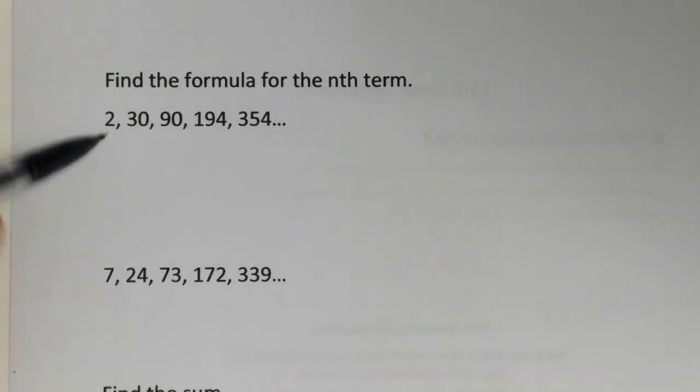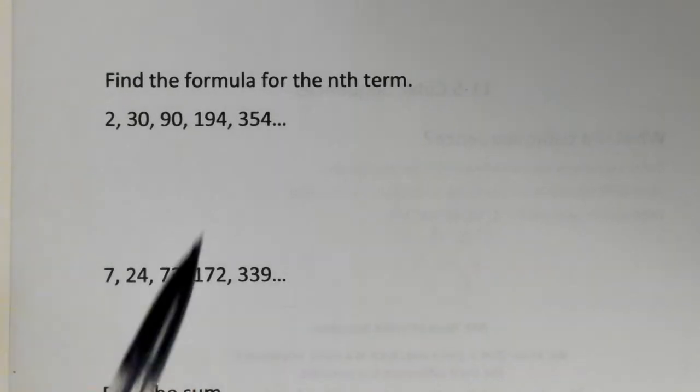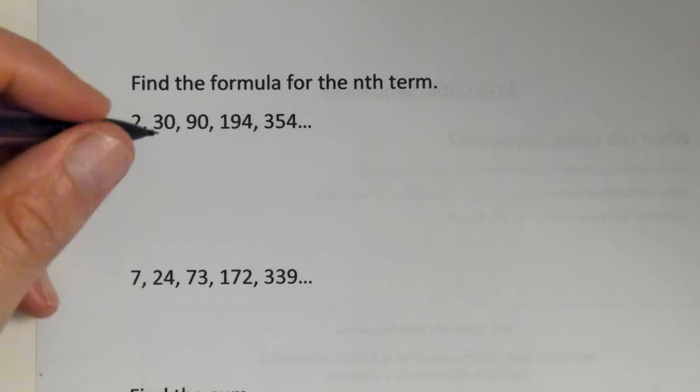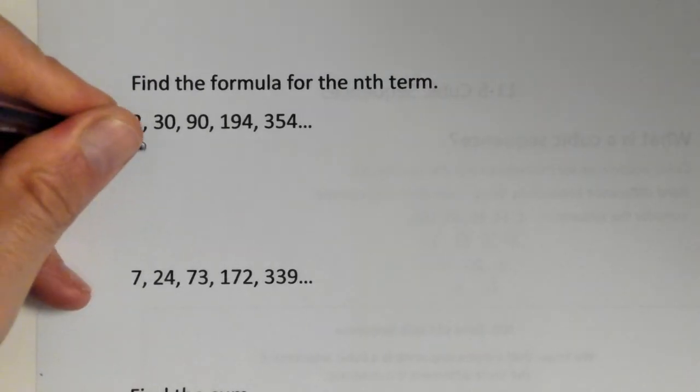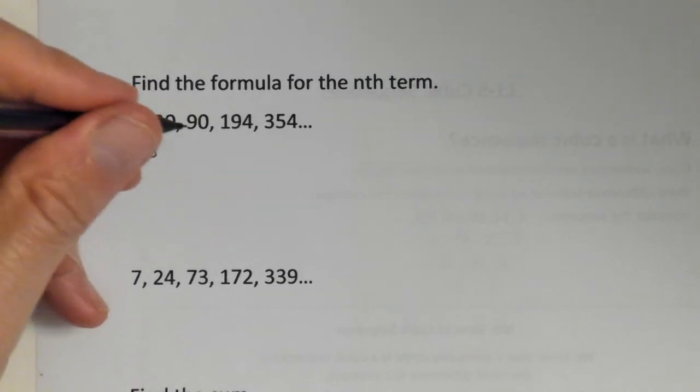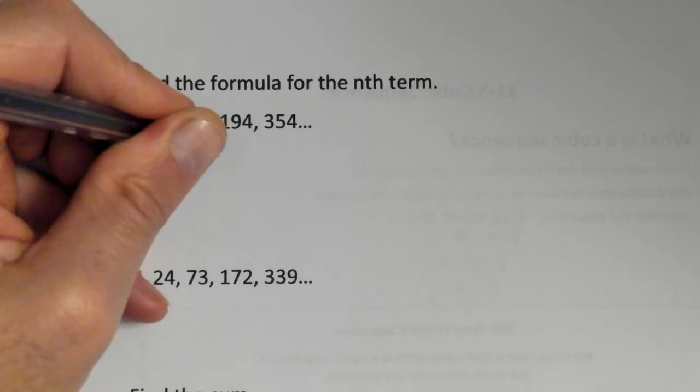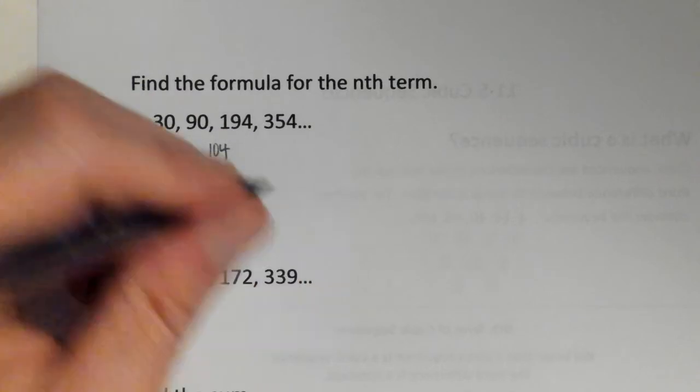The first thing we come to is a sequence, and we want to find the formula for the nth term. First, we need to identify what type of sequence we have by getting the differences. 28, 60, 104, and 160.